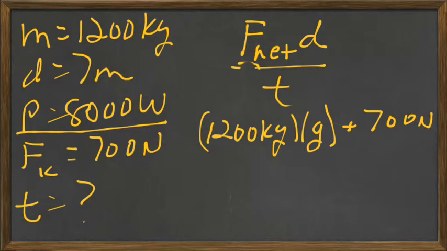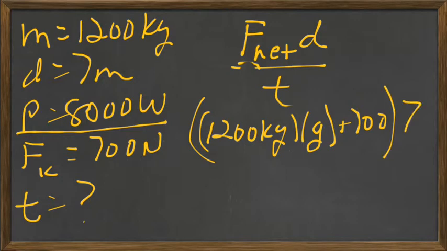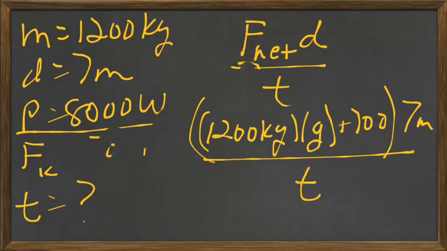That force right there times the distance, which is 7 meters. I'll make myself a little room here. Okay, plus 700, times 7 meters, divided by our unknown time, would equal that nice 8,000 watts that's staring us in the face.